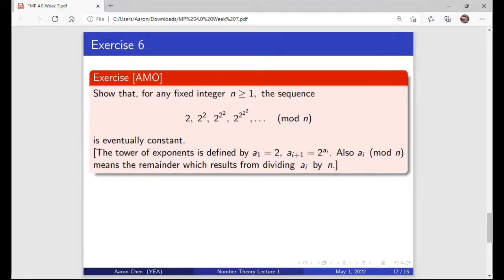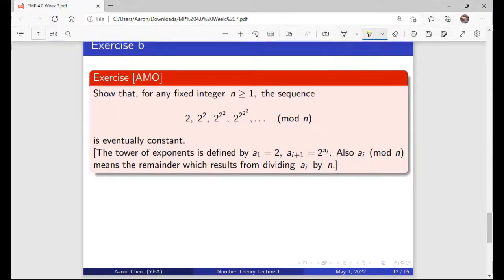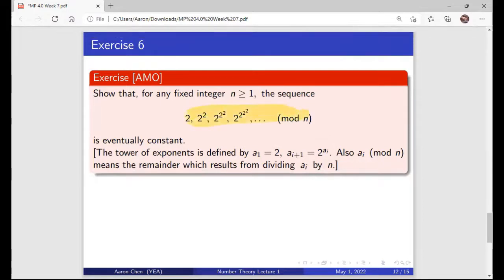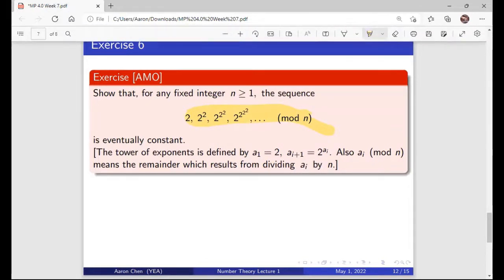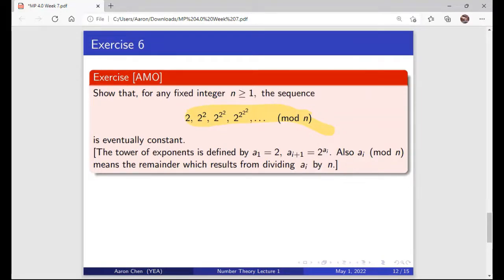All right, so I'll start going over this problem now. So we want to show that the sequence is eventually constant. So we'll do this through contradiction.